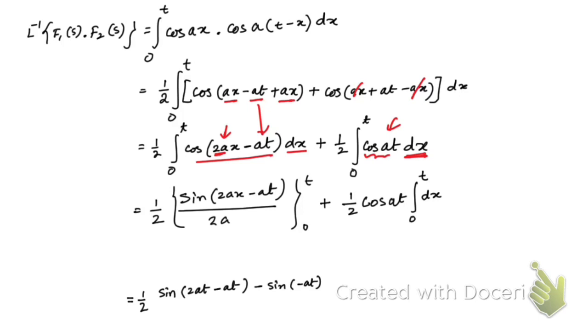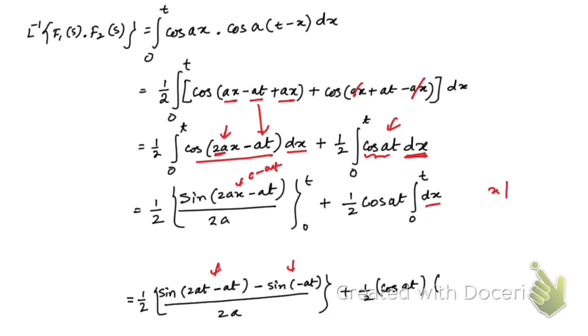If you put t instead of x, you're gonna get this result, and if you put 0 instead of x, then you're gonna get this result: 0 minus at, that is minus at, right, divided by the coefficient of x, that is a. Then here we're gonna get cos at into the integration of dx, which is x, and if you put the upper and lower limit, you're gonna get this result, right?